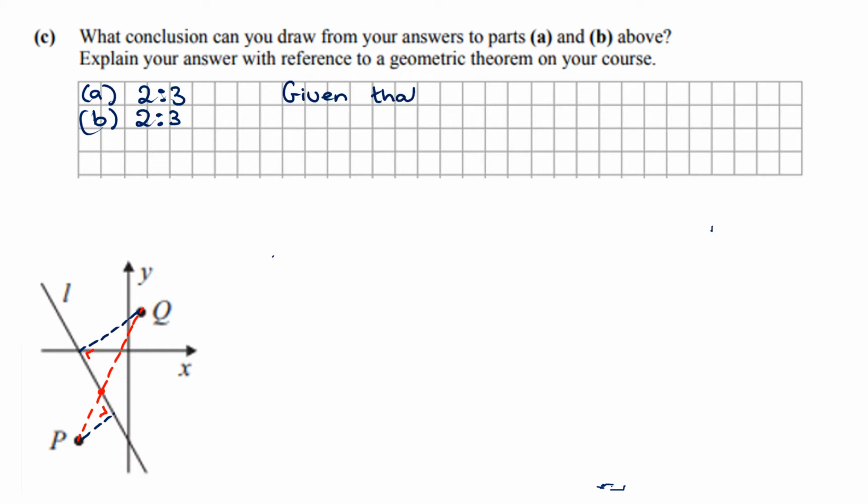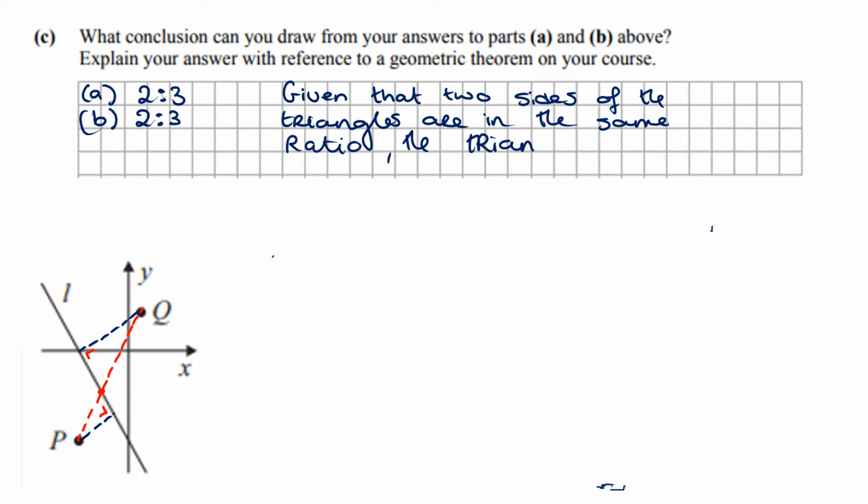So given that two sides of the triangles are in the same ratio, the triangles are similar triangles.